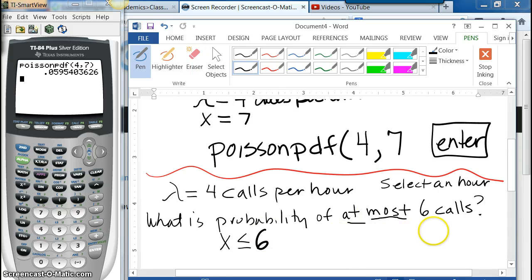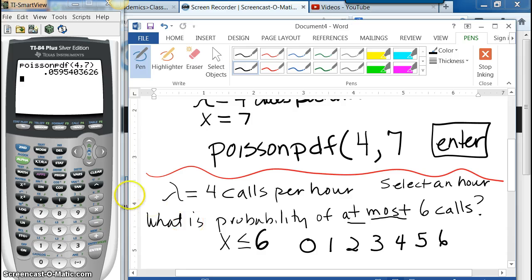That's the same as asking 6 calls or 5 or 4 or 3 or 2 or 1 or none. So you could use the Poisson PDF, and you could put a 6 right here where we did before. You could put a 5 in there, then a 4, then a 3, then a 2, then a 1, then a 0, and you could sum all of those together.